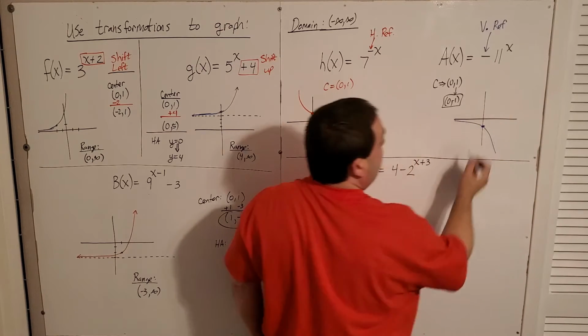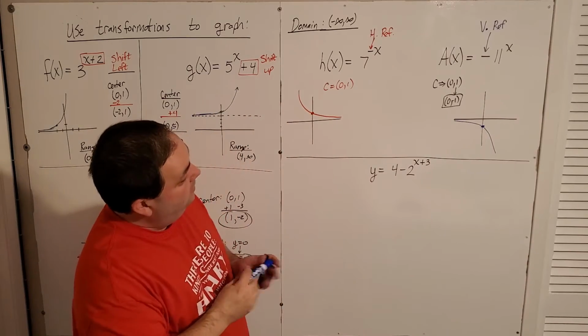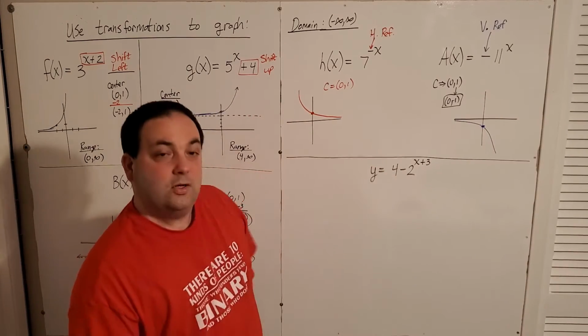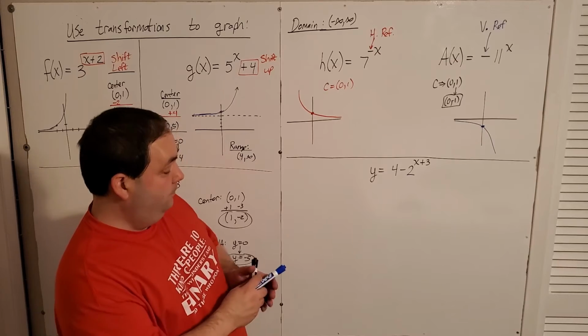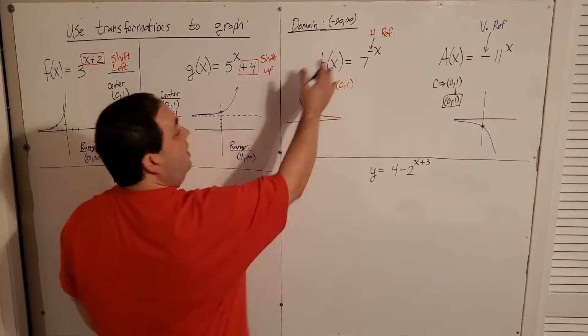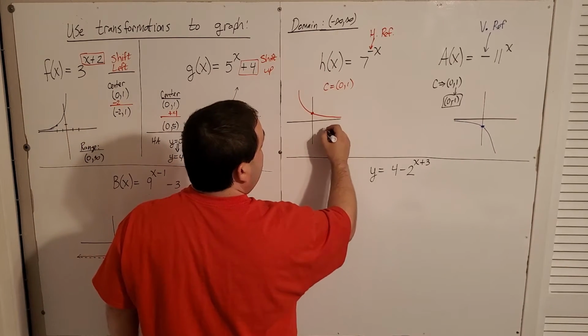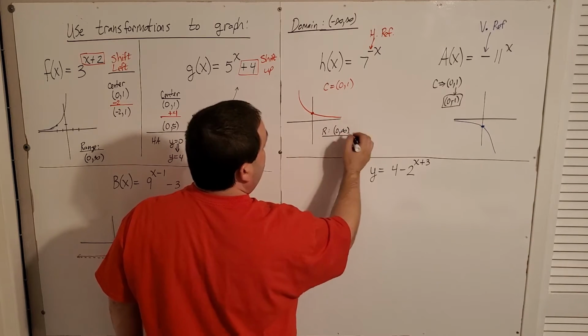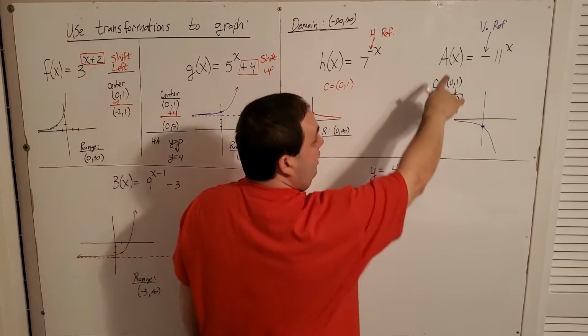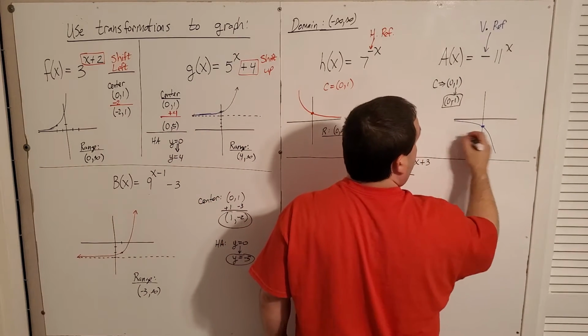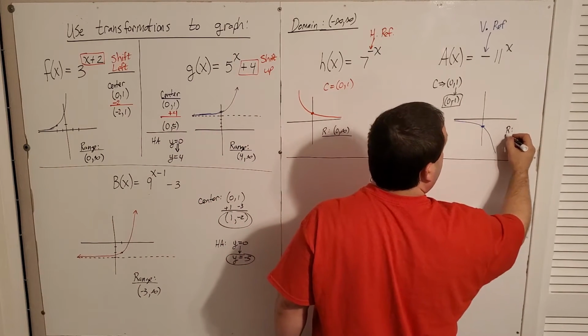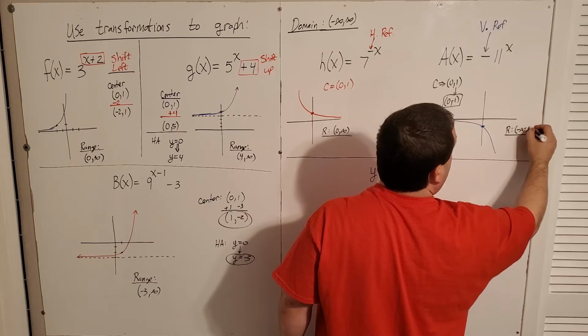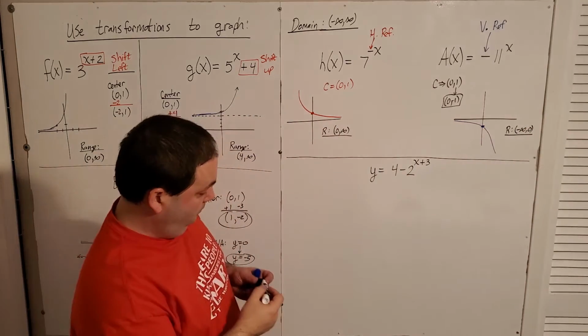There's my new center point at 0, -1. And as soon as it hits the center, it takes off, but in the negative direction this time. Okay? So notice the horizontal reflection, the range is the same as before. 0 to infinity, right? But if I do a vertical reflection, my range is now -infinity up to 0.